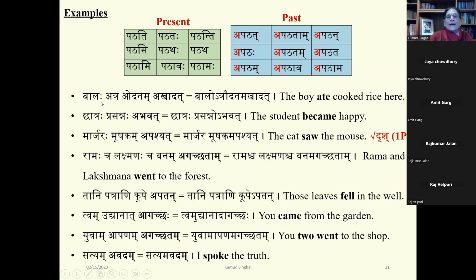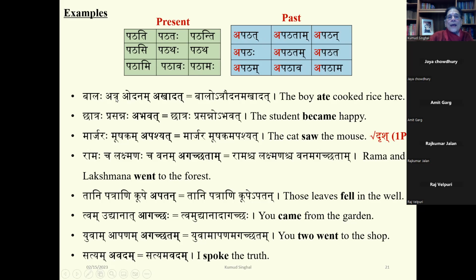So balaha atra odanam akhadat. So the boy ate cooked rice here, right? Akhadat. So khad will again conjugate just like the pat dhatu. So akhadat. So here you have a sandhi. This will be like the shivoham sandhi.